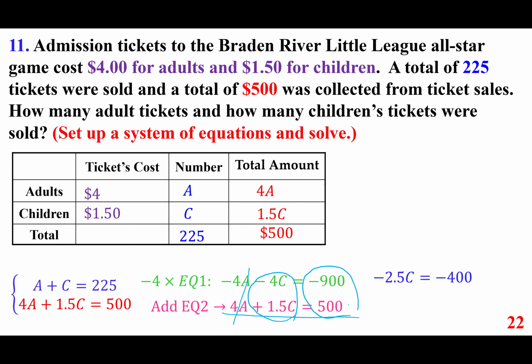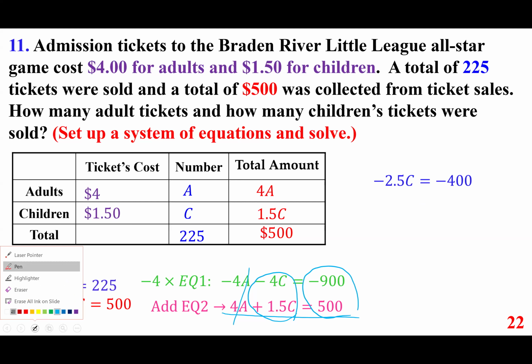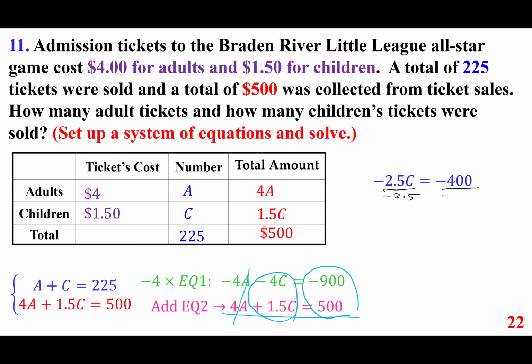These two add up to negative 400. Divide both sides by negative 2.5, or change this to 25, change this to 4,000, and we get 160. And we do the division.